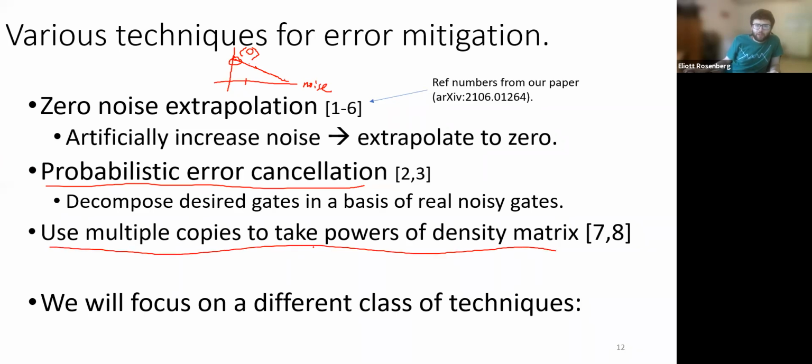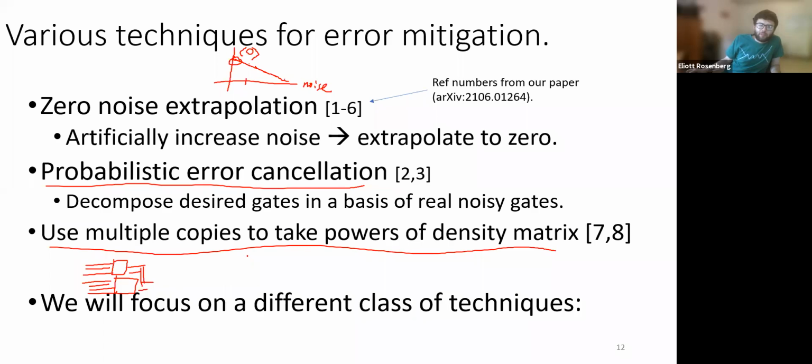So that's this one. This idea is, suppose that you have some circuit that you want to run, and you just make multiple copies of it. So let's say we make 2 copies of it, and then you can entangle these copies in such a way that you can measure, you essentially take powers of the density matrix. So you can put the thing in a state that's rho squared instead of rho.